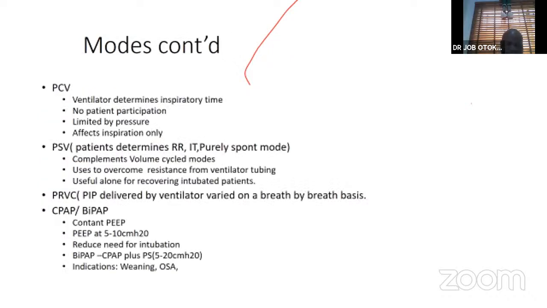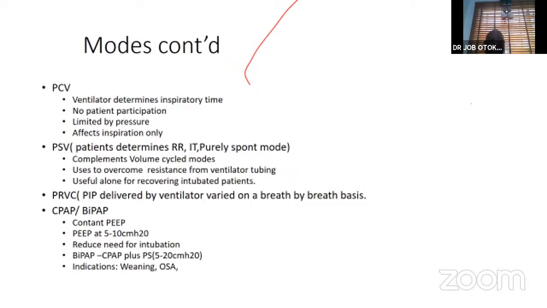So in a nutshell, let's look at the modes again. The pressure control ventilation. Pressure control means it is pressure regulated, it is pressure cycled. It's not volume cycled. And because it's a pressure control ventilation, there is no patient participation, everything is done by the machine. When you use this mode, the patient is not participating. And then the PSV, which is a very common one, the patient is determining the rates.